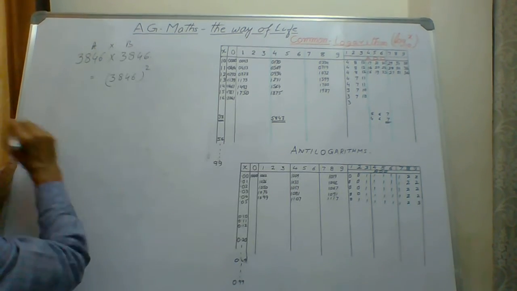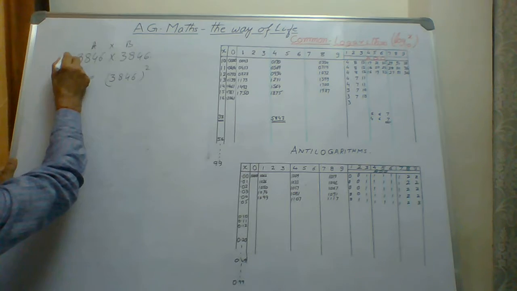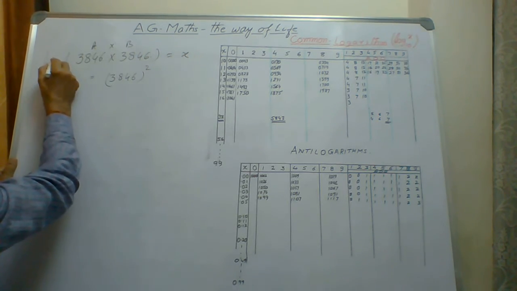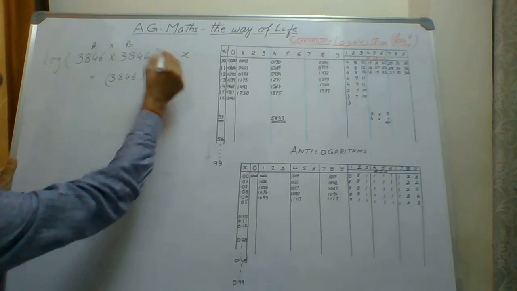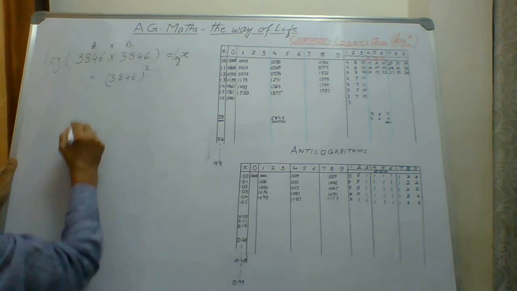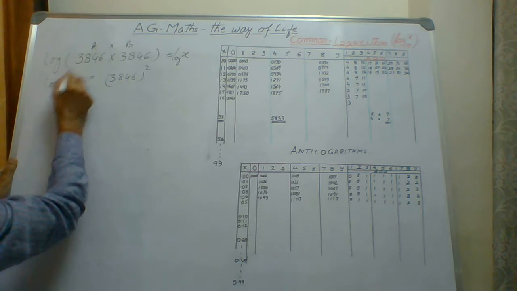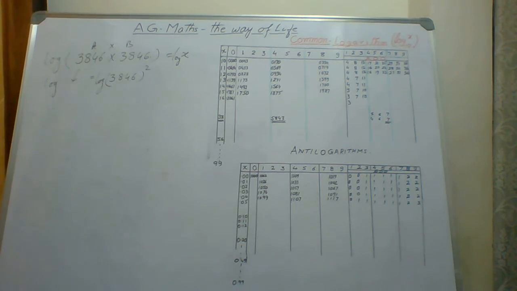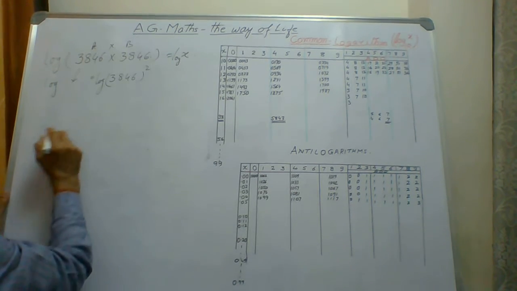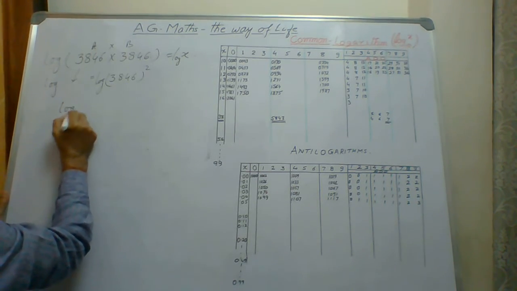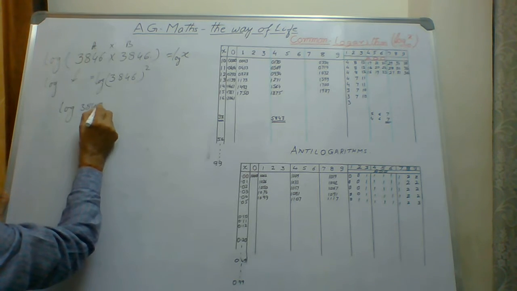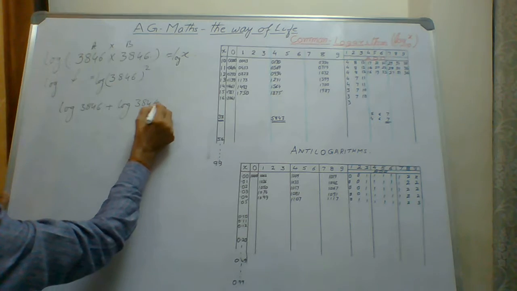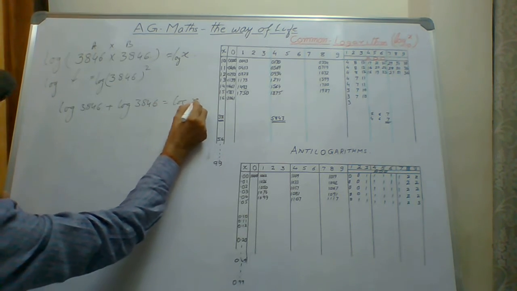If I take log on this side, suppose this was equal to x, then log of this is equal to log of x. If I write the first one, then the answer should be log of 3846 plus log of 3846. That is equal to log of x.